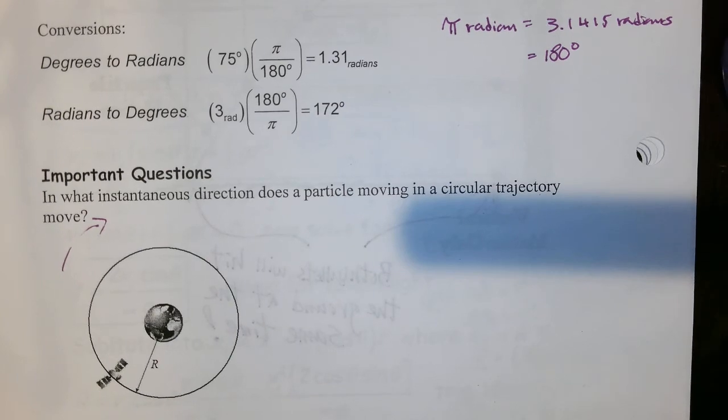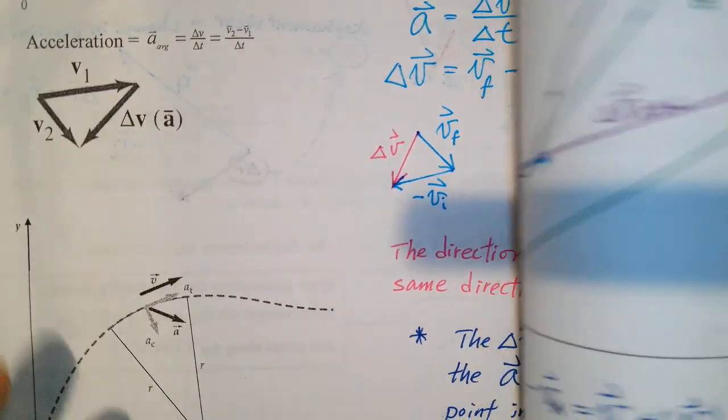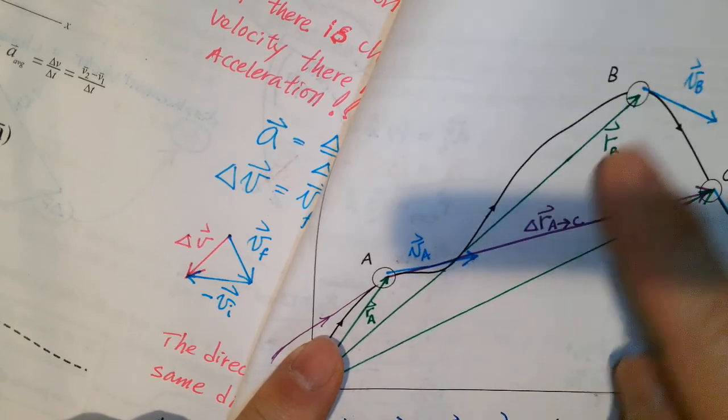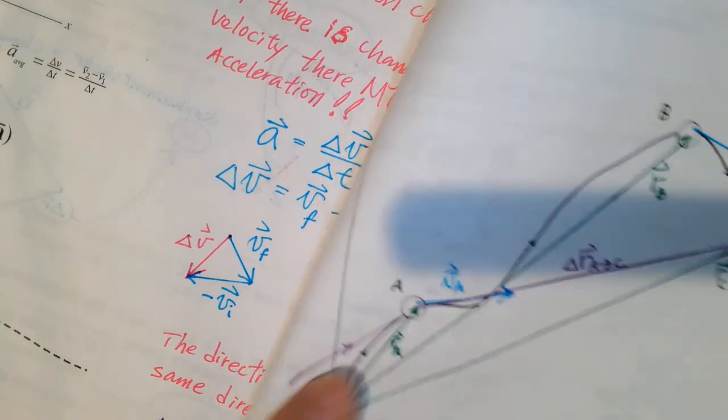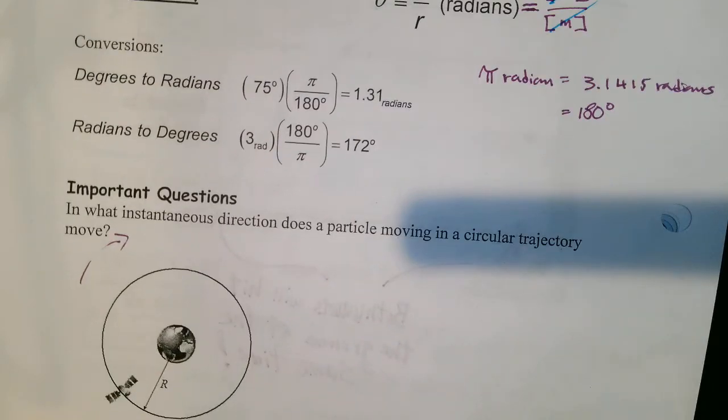Well, we know from the previous lesson that all objects will travel tangent to the path or the trajectory. The velocity vector shows you the direction of motion.